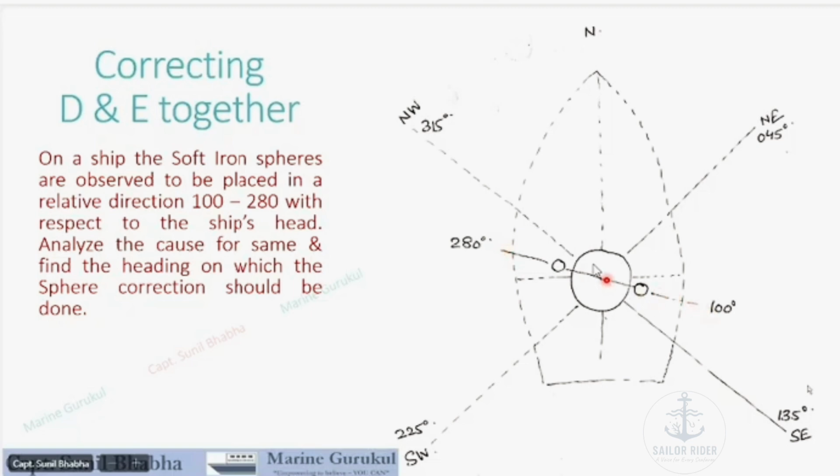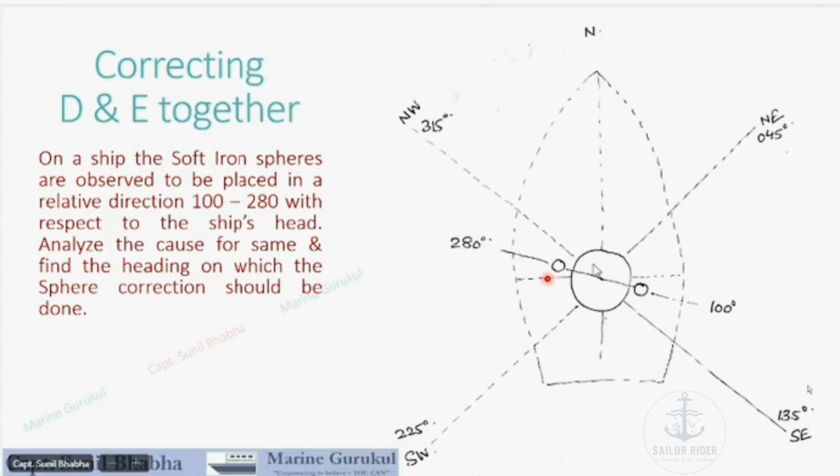So we are now able to see what is the orientation or location of the spheres with respect to the compass. So the first thing they are asking in the question is, analyze the cause for same. Now one thing which becomes clear to us is that on a normal merchant vessel, the spheres are usually placed in the athwartship direction. That means in a relative 090-270 direction.